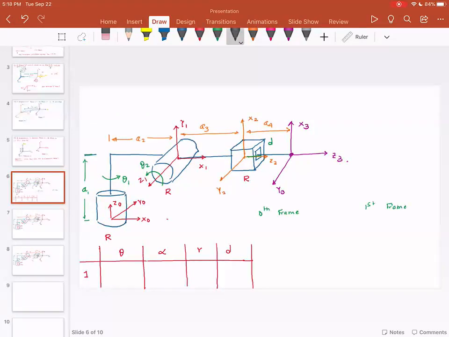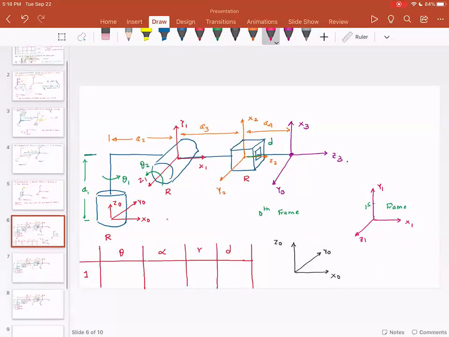So let's draw the 0th frame. The 0th frame looks something like this: Z naught, X naught, Y naught. And the first frame looks something like Z1, Y1, and X1. So to find theta, let's look at the rule for theta.